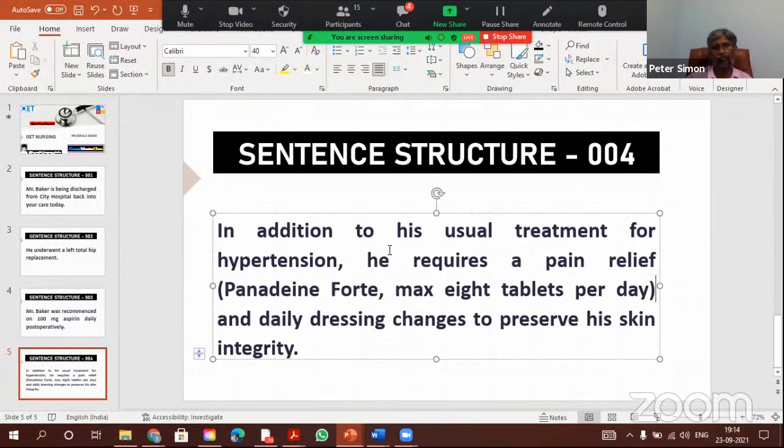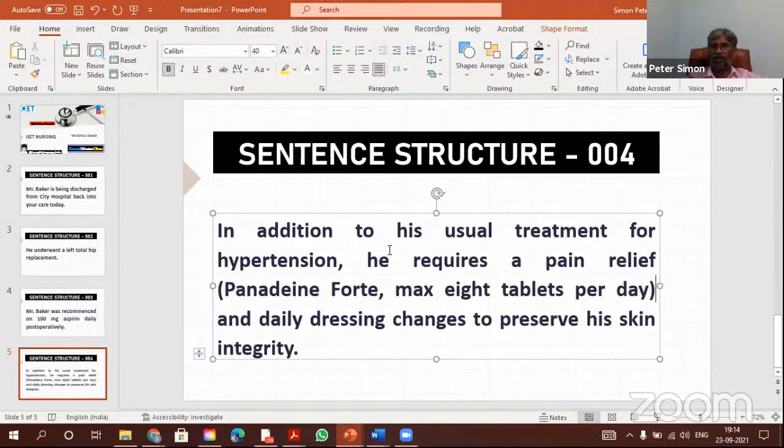Yes, go through this one now. In addition to his usual treatment for hypertension, he requires this also. He is already taking treatment, and this also is needed. In addition, you will write a sentence. Try to make your own sentence using this style, all of you.